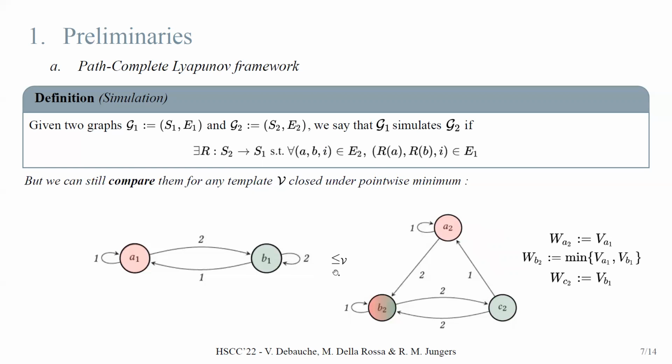So in terms of inequality, this means that the graph G2 is better than the graph G1 with respect to any template closed under pointwise minimum.